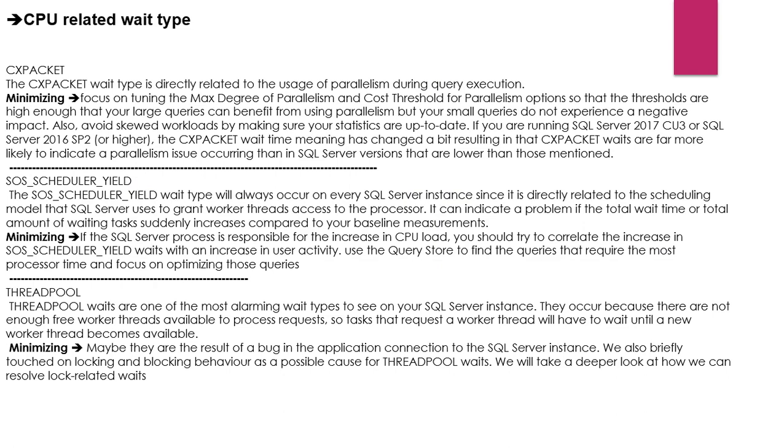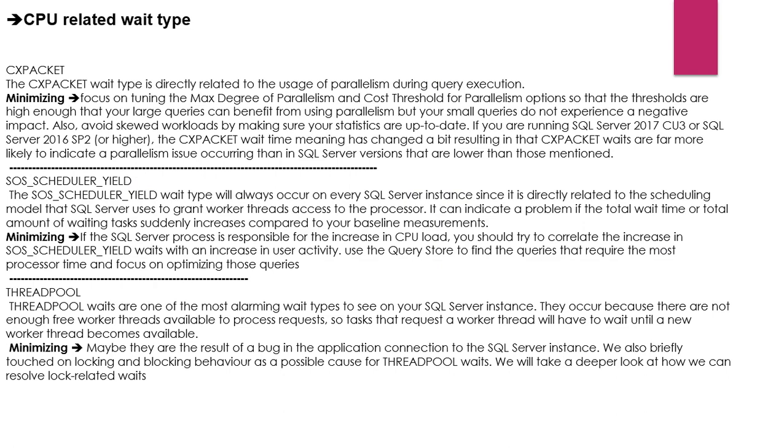Instead, we need to focus on minimizing this wait type by tuning the max degree of parallelism and cost threshold for parallelism options so that the thresholds are high enough that your large queries can benefit from using parallelism, but your small queries do not experience a negative impact.